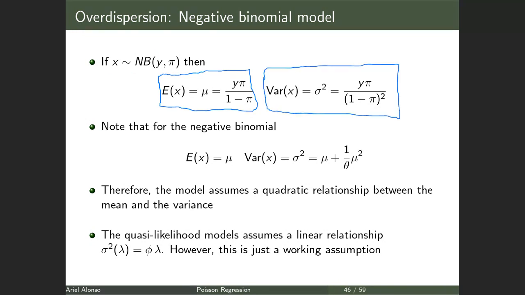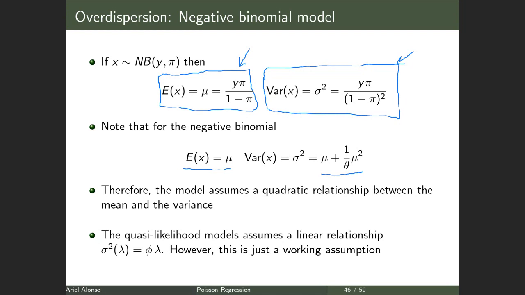It's given over here. Now, if you work a little bit of algebra here, you realize that for the negative binomial, the variance is actually a quadratic function of the mean. If you call this mu over here, then you can write the variance in this way: mu plus a constant times mu squared. So the model assumes a quadratic relationship between the mean and the variance.